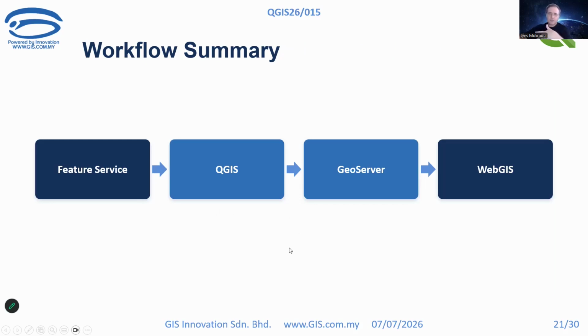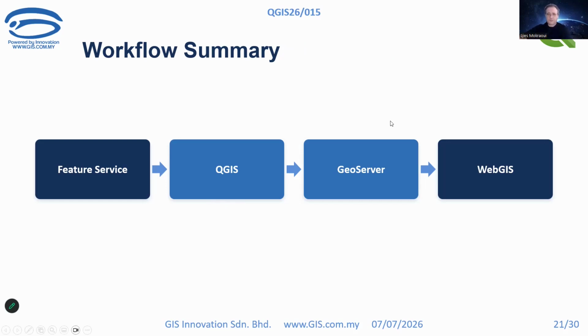So basically, the workflow summary is you have the feature services. You have your desktop software that allows you to see the feature services. It doesn't have to be this way all the time.